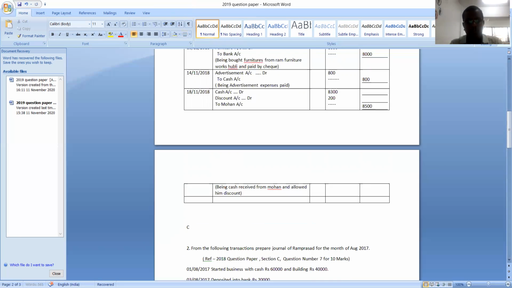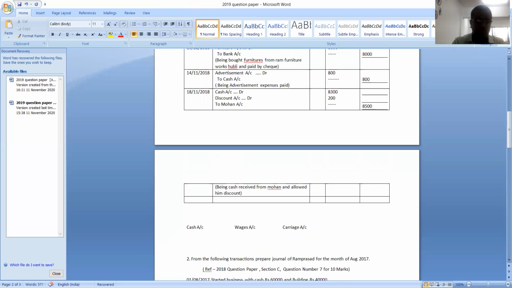Paid, it indicates cash. So one is cash account. Another one is wages account. Another one is carriage account. Like this, there are three accounts in this particular transaction. Okay. Now let's see, these accounts belong to which category? Cash account is which account?